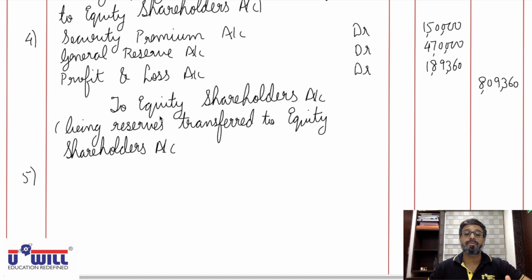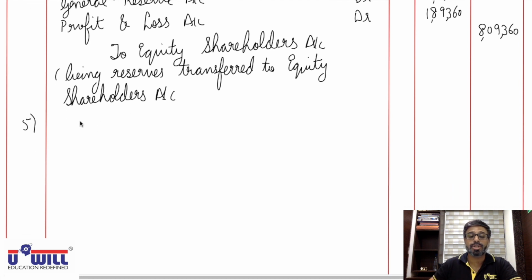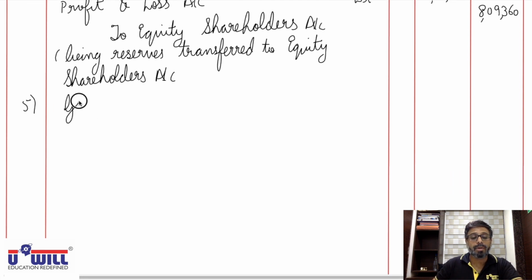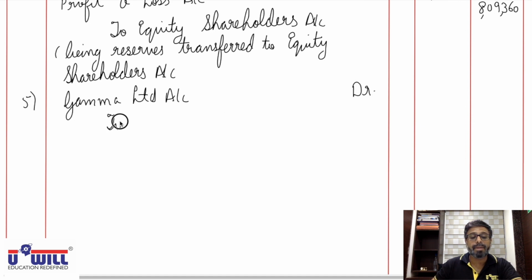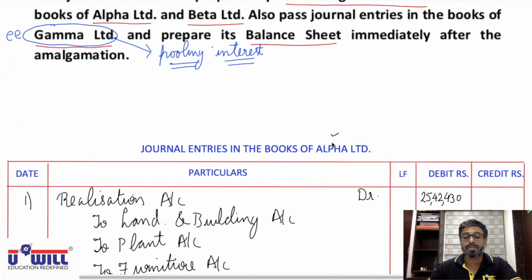Now from the 7th entry onwards, every entry will have 2 effects. So next is for purchase consideration due. Transferee company account debit, so here Gamma Limited account debit. Purchase consideration is receivable from Gamma Limited, so debit the receivable, Gamma Limited account. And it is our income, credit all incomes and gains, so to realization account. Right now we are passing the entries in the books of Alpha Limited.